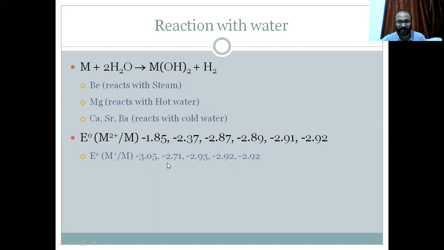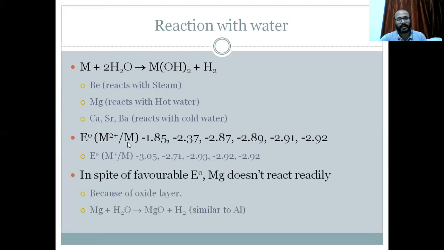The reactivity trend followed from sodium onwards, but before sodium, that is lithium, it was comparatively opposite. So that is the difference that you will find in the electrode potential of group 1 and group 2 elements. Group 2 elements are pretty similar in their basicity trends and the reactivity patterns that these elements show.